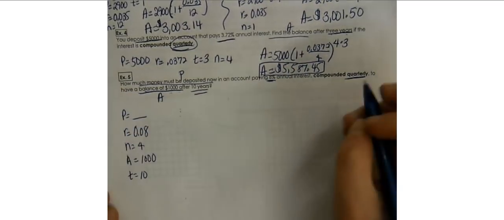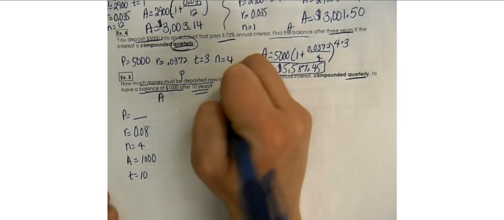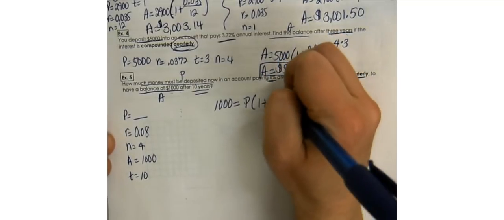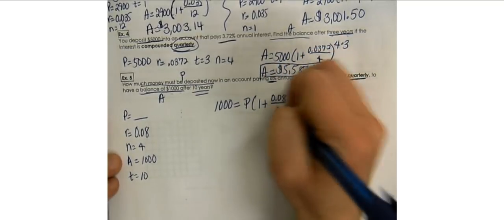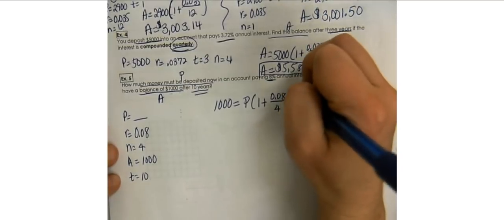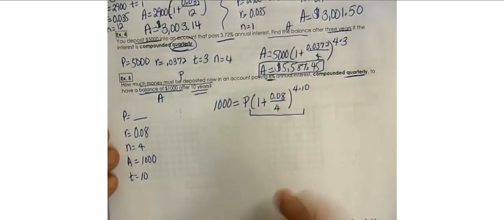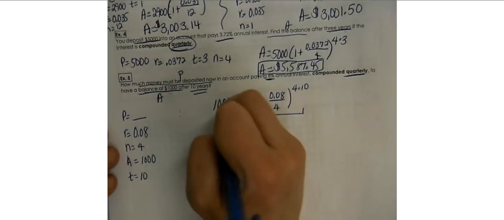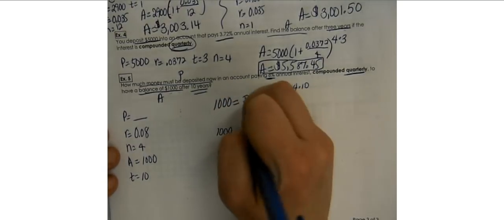So I'm going to write 1,000 is equal to P times 1 plus R, which is 0.08, divided by 4, raised to the NT power. So that is 4 times 10 power. So what I'm going to do is identify what this number is, and put it next door to P. So that's going to be 1,000 is equal to P times.